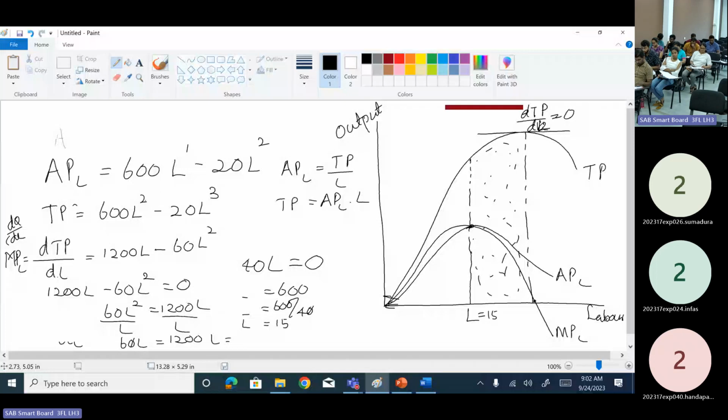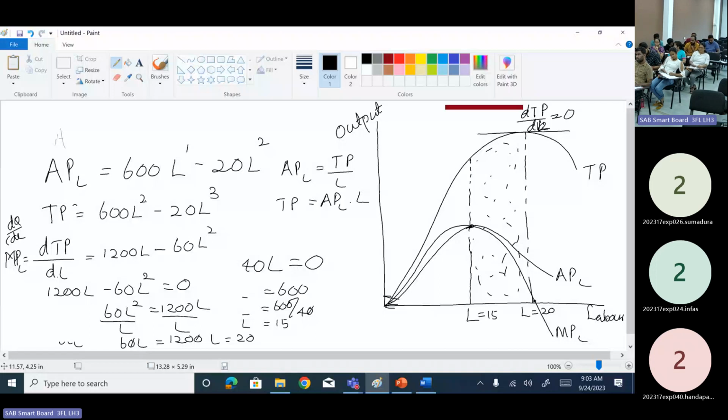So this is the L equals 20 point. That is the region, right? The producer can decide to hire between 15 and 20 in that area to maximize the output level of production.